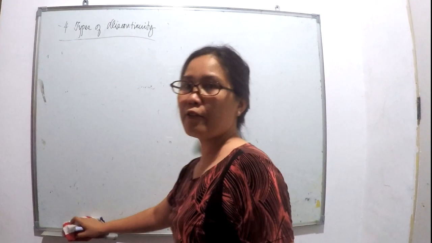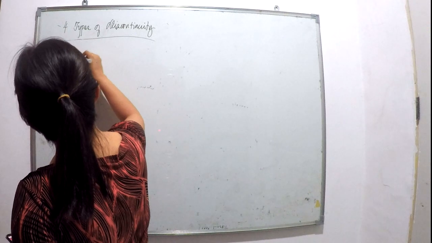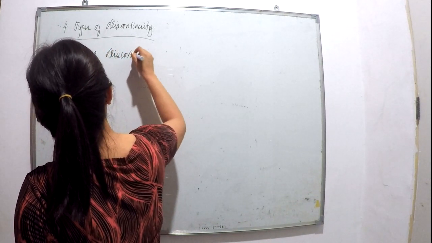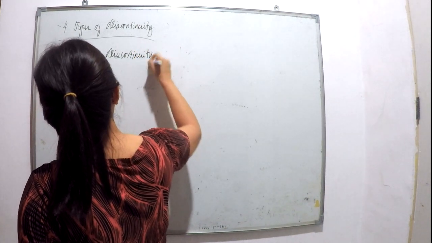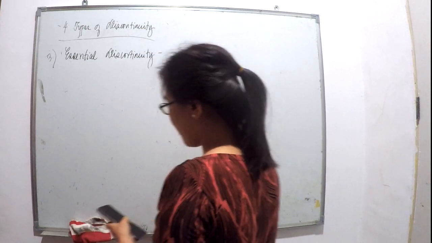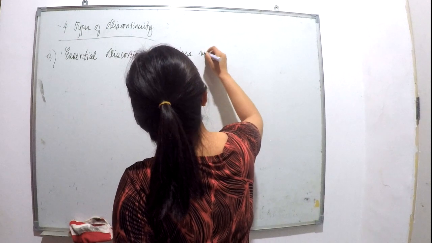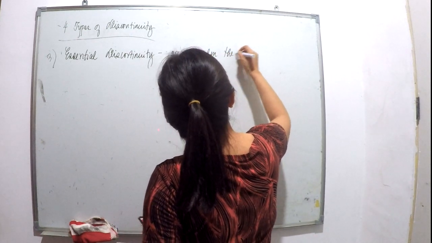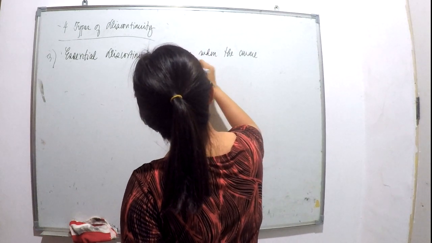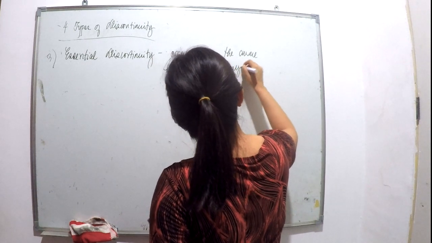Essential discontinuity occurs when the curve has a vertical asymptote.